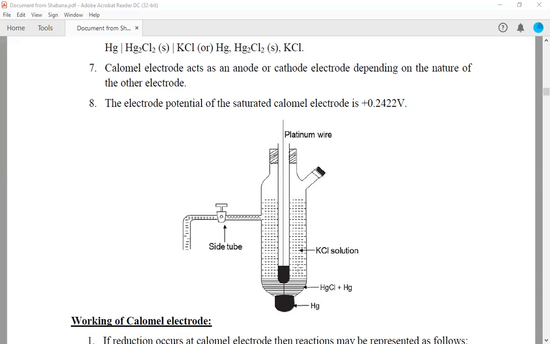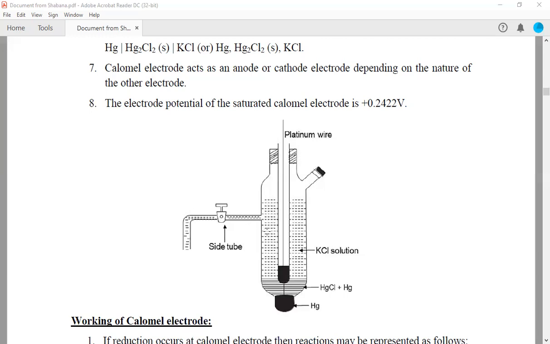The electrode is connected with the help of a side tube on the left, through which the salt bridge connects with another electrode whose potential has to be determined or measured. The potential of the Calomel electrode depends upon the concentration of KCl solution.